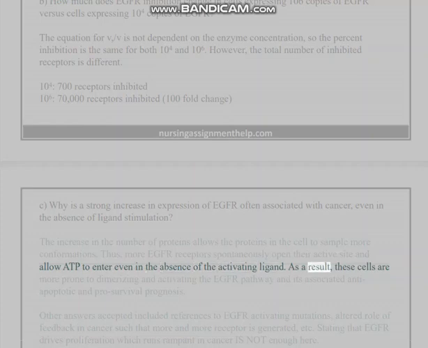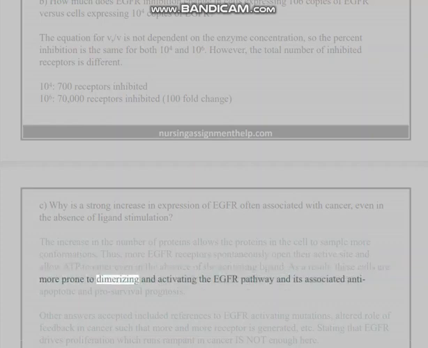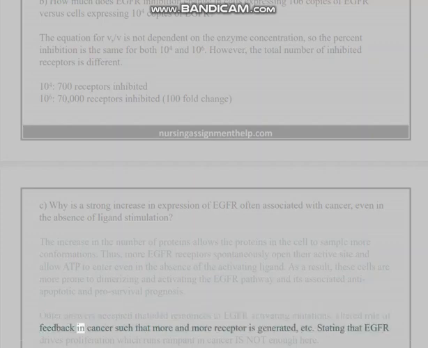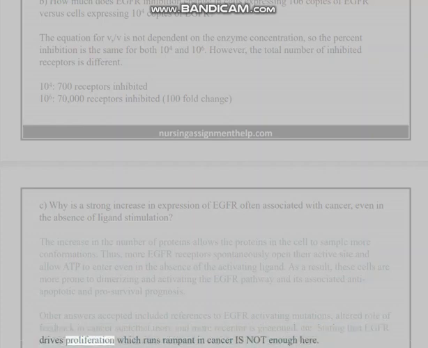As a result, these cells are more prone to dimerizing and activating the EGFR pathway and its associated anti-apoptotic and pro-survival prognosis. Other answers accepted included references to EGFR activating mutations, altered role of feedback in cancer such that more and more receptor is generated, etc. Stating that EGFR drives proliferation which runs rampant in cancer is not enough here.